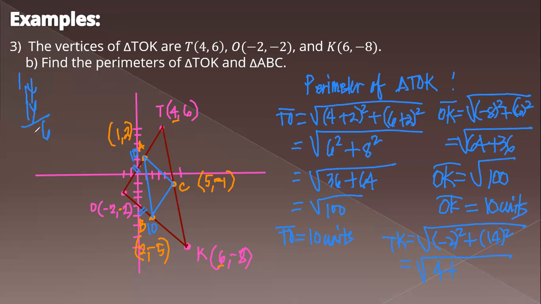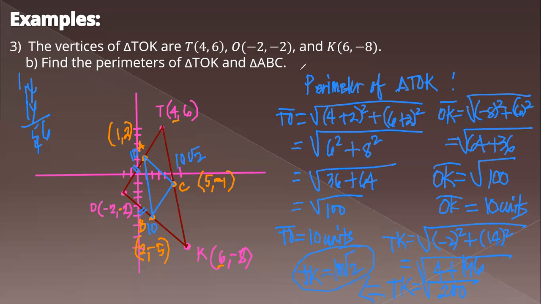Okay, TK is equal to the square root of 200. Lagyan natin dito, 200 is 100 times 2. Square root of 100 is 10. So that is 10 the square root of 2.